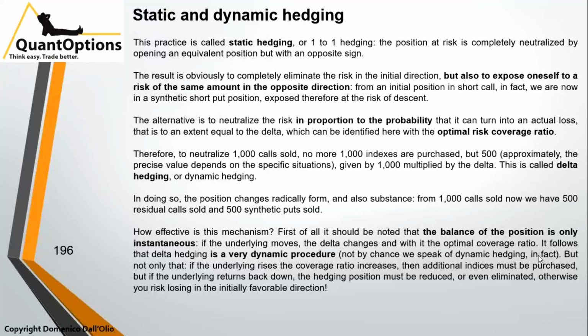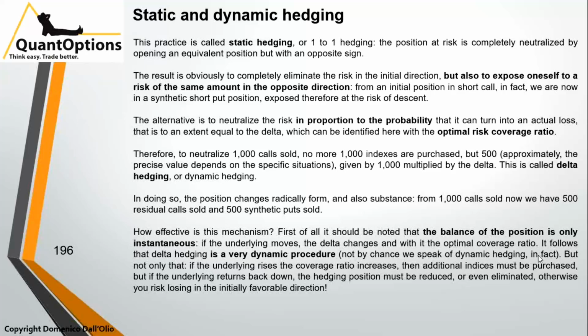How effective is this mechanism? First of all, it should be noted that the balance of the position is only instantaneous. If the underlying moves, the delta changes, and with it changes also the optimal coverage ratio. It follows that delta hedging is a very dynamic procedure. Not by chance we speak of dynamic hedging, in fact.